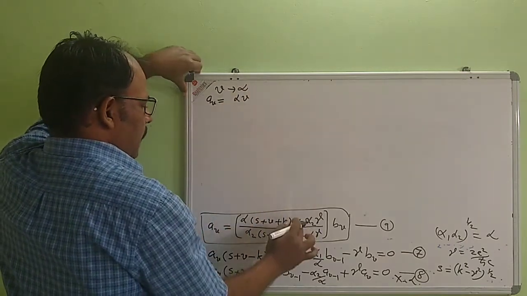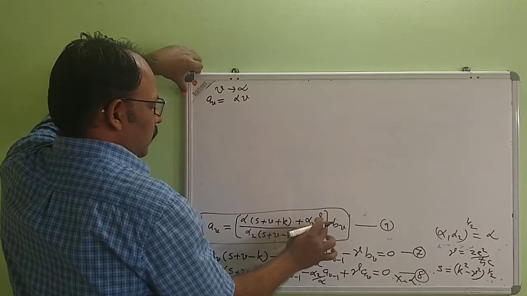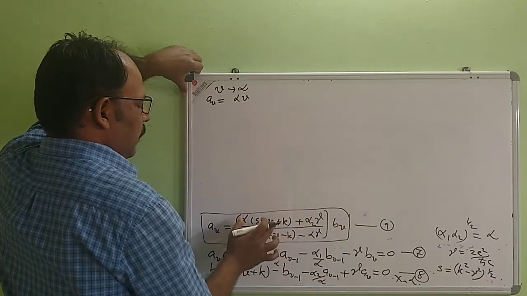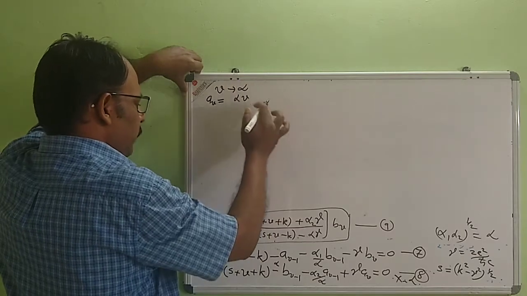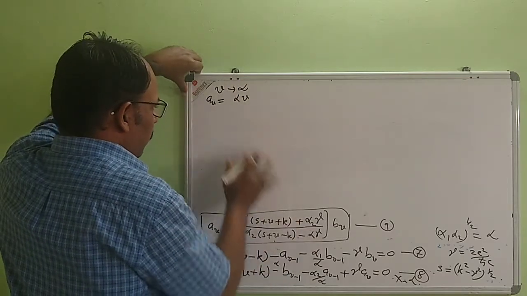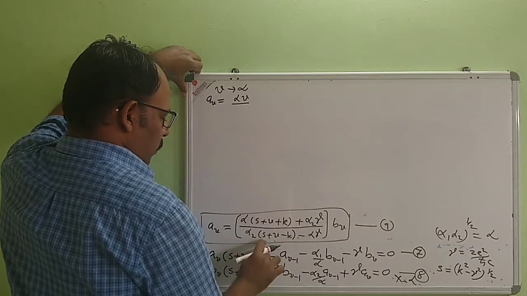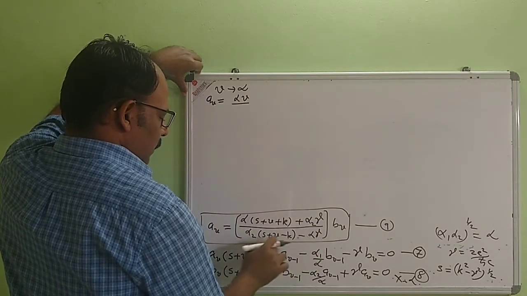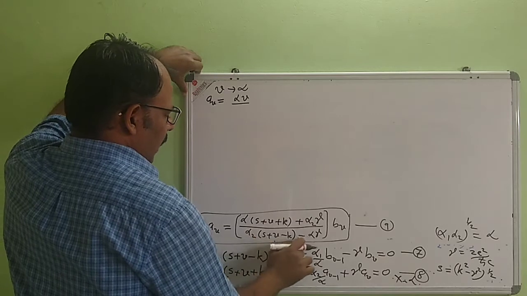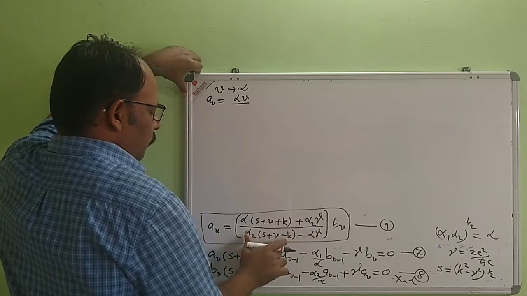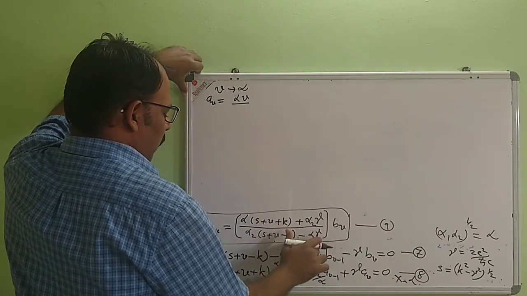So it will be alpha V plus alpha 2 gamma. This alpha 2 gamma is very less compared to alpha V, since V is very, very high. So in the numerator we will have alpha V, divided by the denominator alpha 2 S plus V minus K, that will be alpha 2 V minus alpha gamma. This alpha 2 V is very, very high compared to alpha gamma.